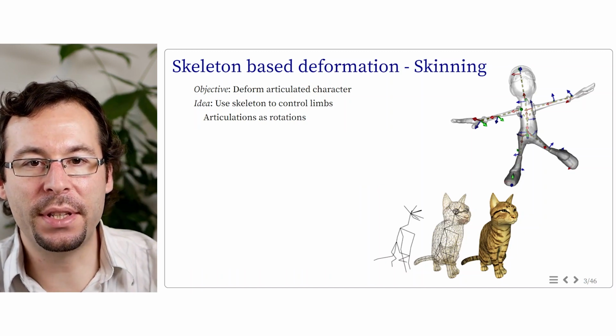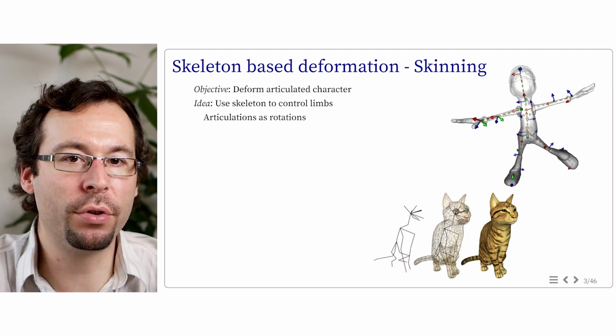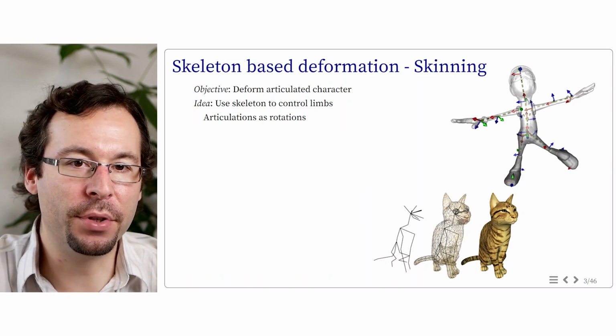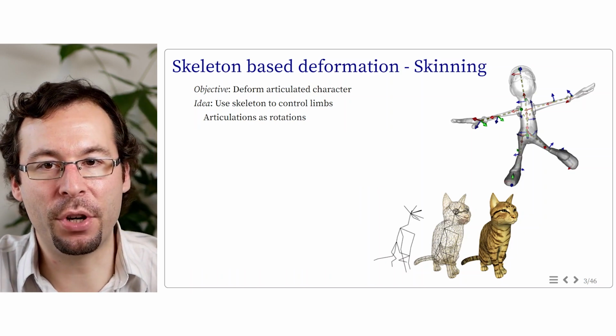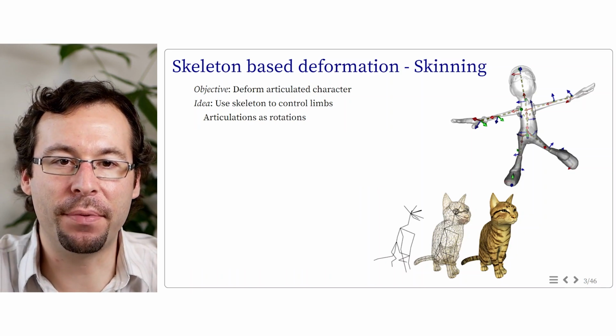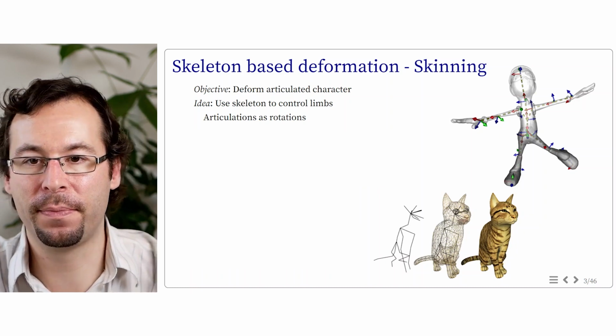The process consists in defining a skeleton that is used to control the degrees of freedom of the limbs, and then using the skeleton to deform the skin of the character. This approach is often called skinning. And the articulation itself of the limbs is set via rotations around the joints.